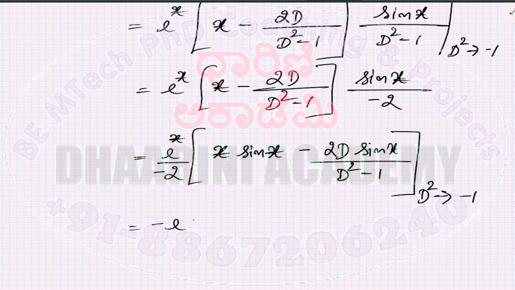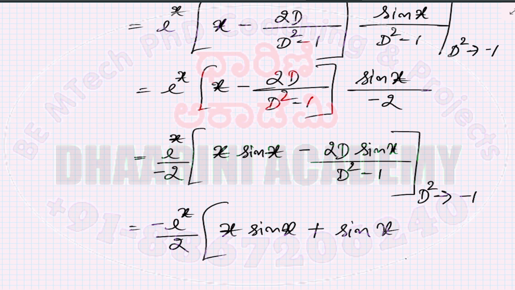So this is minus of e to the x by 2 into x sine x minus 2 times differentiation of sine x is cos x and denominator is minus 2. Minus 2 and minus 2 cancels. This becomes plus. This is sine x. Right? So this is the yp.